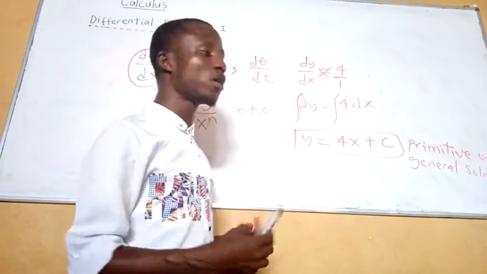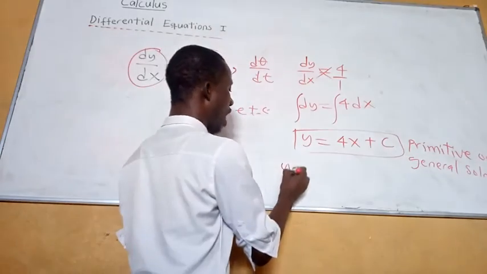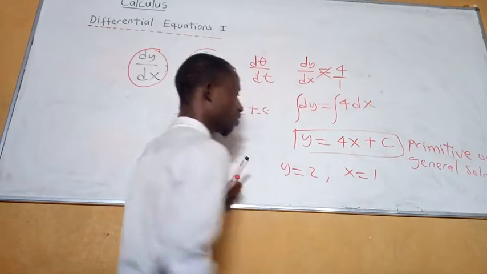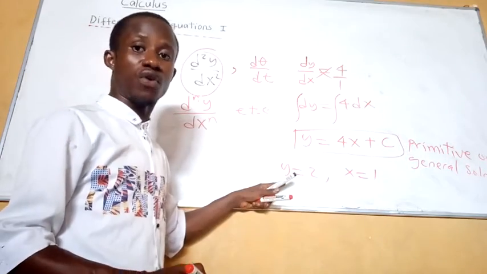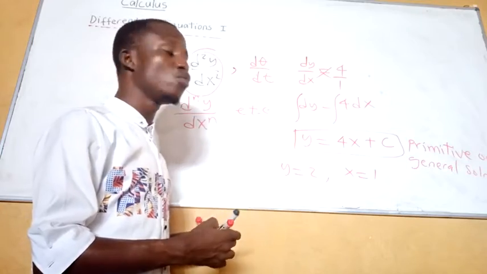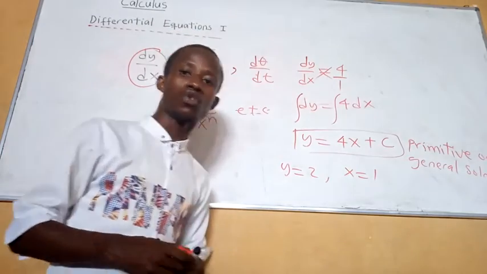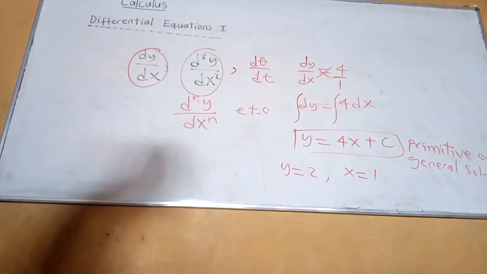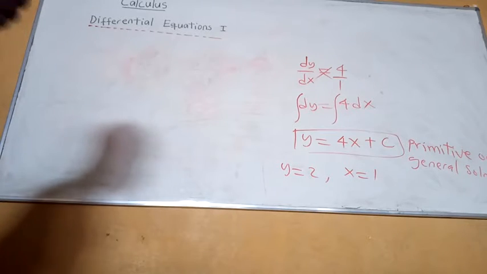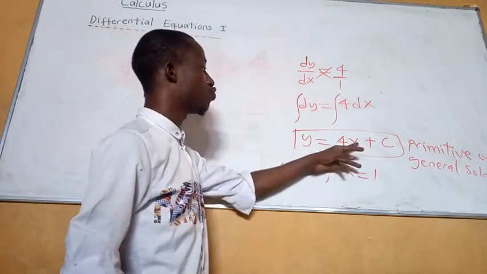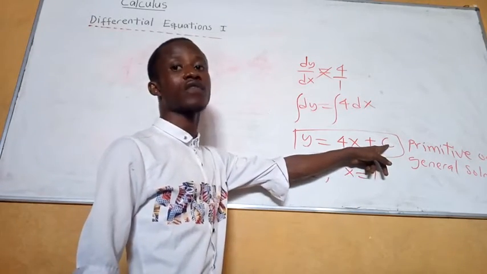We can also obtain our particular solution by giving some initial point. For example, if we say y is equal to 2 and x is equal to 1. These are our initial points. We can use these initial points to determine our particular solution. So when we see y, we place 2, and when we see x, we place 1, and we can easily solve for c.